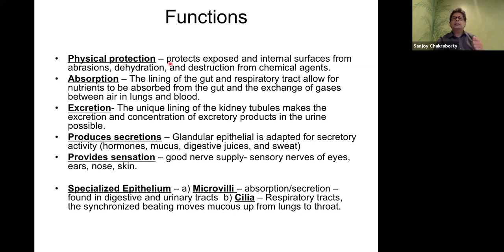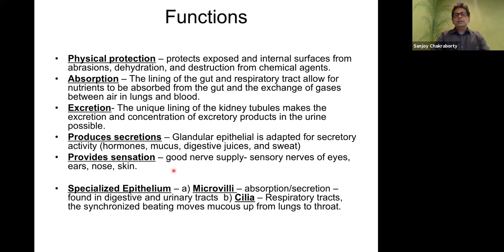We are going to learn that a little bit more in the integumentary system. Epithelial tissue is responsible for absorption, such as in the respiratory tract and the digestive tract, where materials get absorbed. You are going to learn in detail in the respiratory and digestive systems. Excretion, same thing in the kidney: the epithelial layers are responsible for excreting molecules that we don't need.